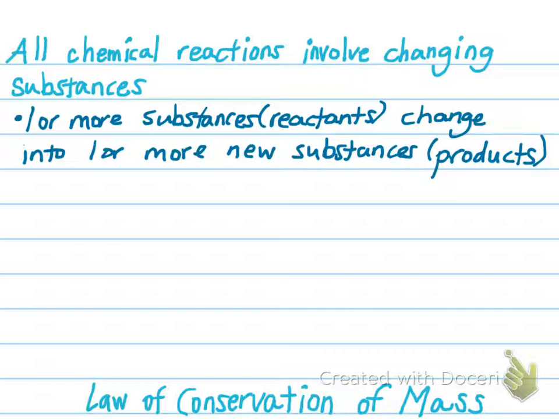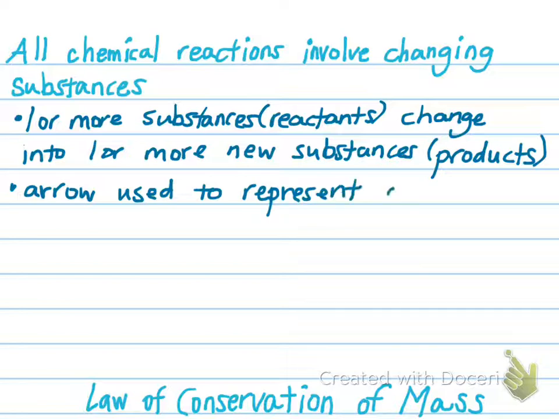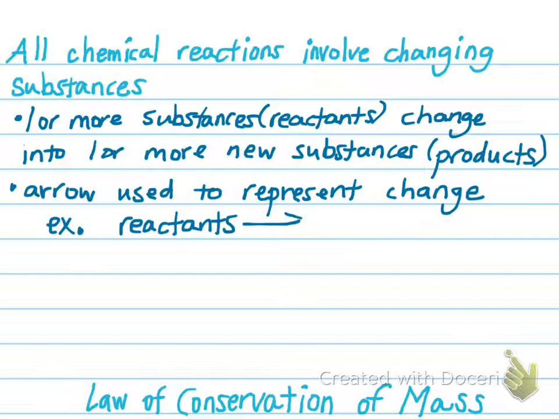In our chemical reactions, an arrow is used to represent that change. So when we look at this generically, we always have our reactants on the left, our arrow to represent that chemical reaction taking place, and our products on the right.